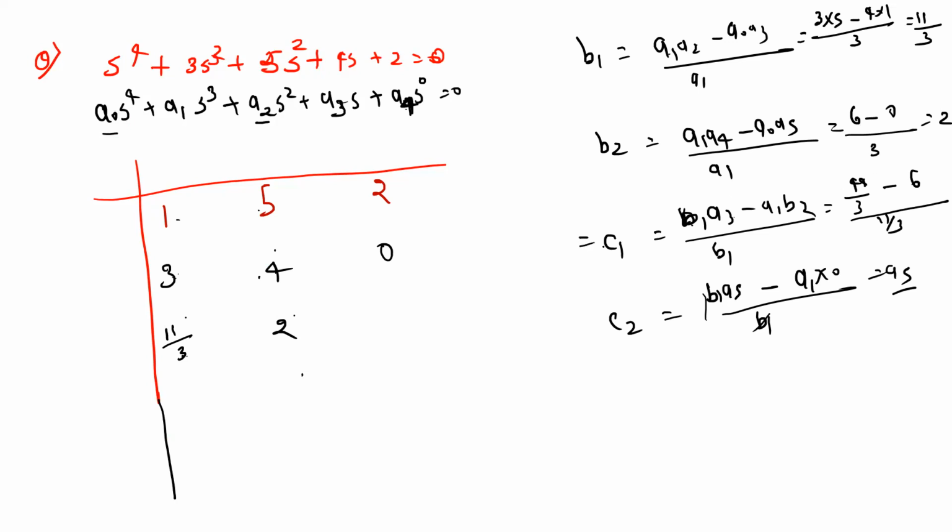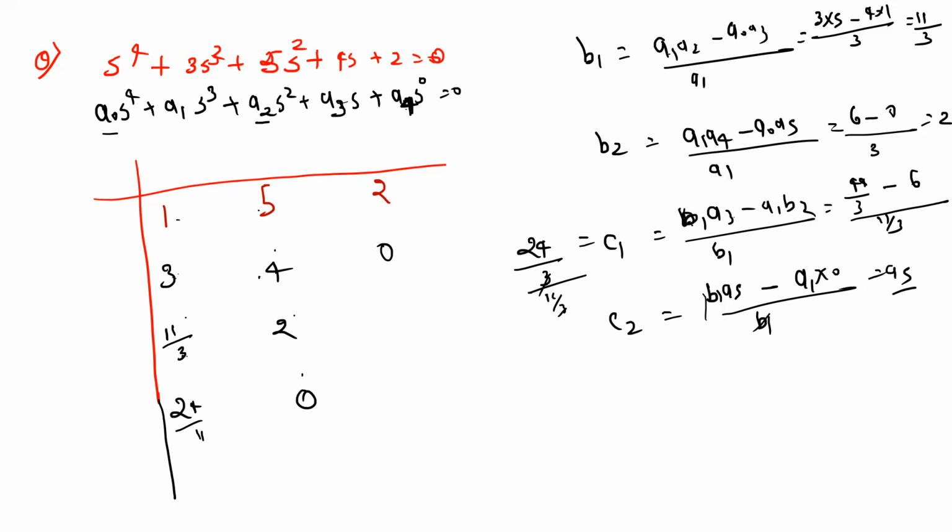So how much will you be getting? 18. 44 minus 18 is 26, that is 26 divided by 3, and divided by 11 by 3. So the 3 will get cancelled out, so it will be equal to 26 divided by 11. And again, what is A5? A5 is nothing, so 0.